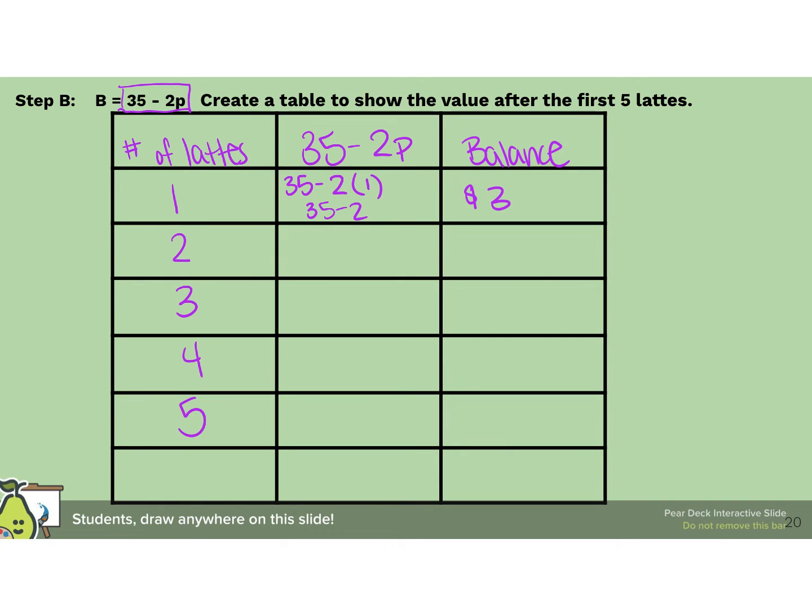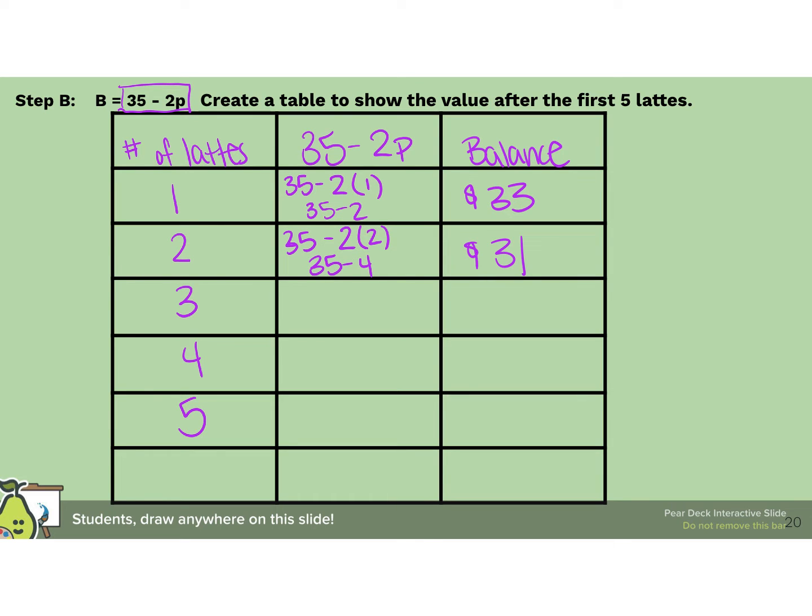He'll have $33 left on his card after he buys 1 latte in this super cheap Starbucks, I guess. It's only $2. So now, after 2 lattes, I'm going to do 35 minus 2. What's my P value here? It's 2. Remember, they're not calling it X, they're calling it P. That's okay. 35 minus 4, he's got 31.